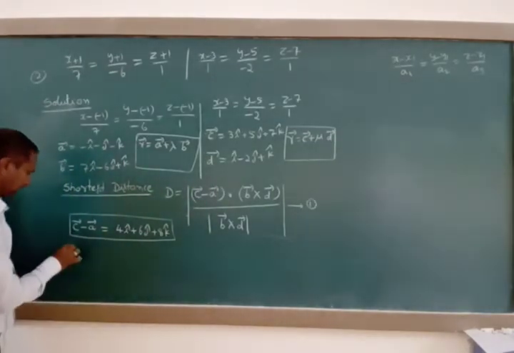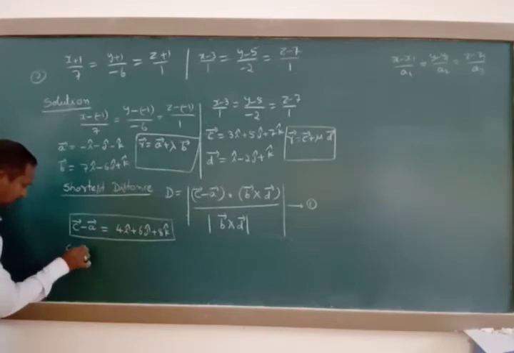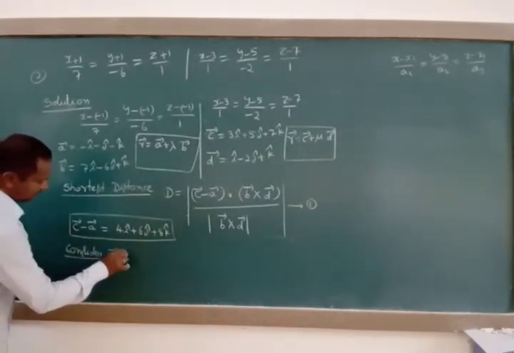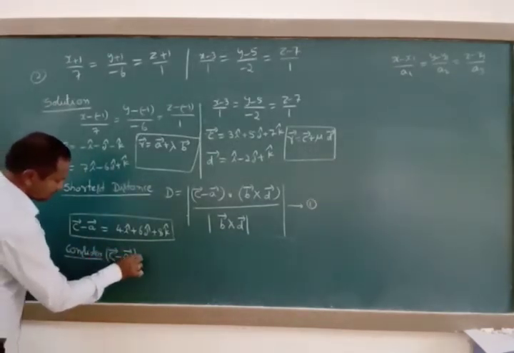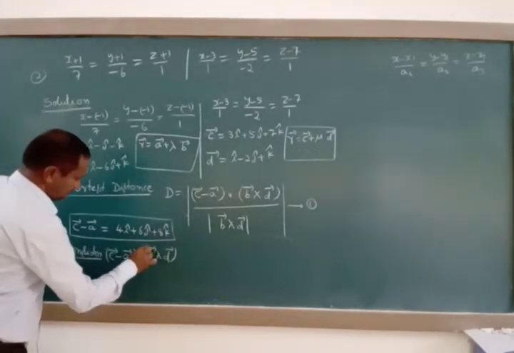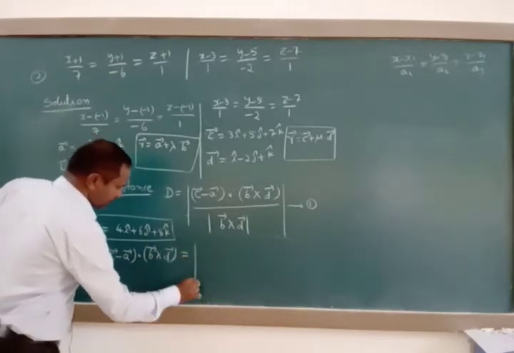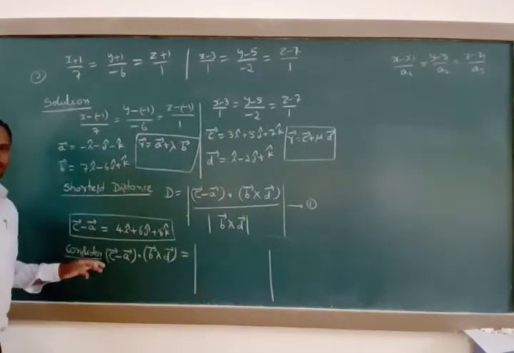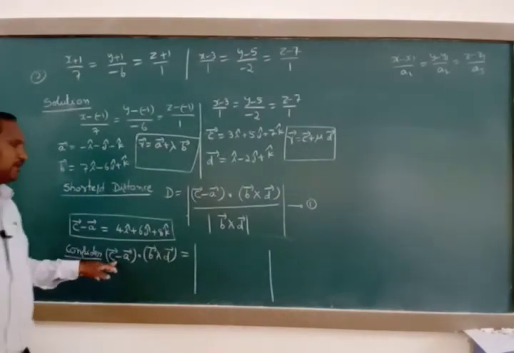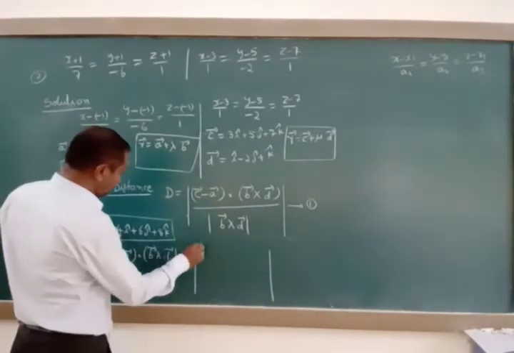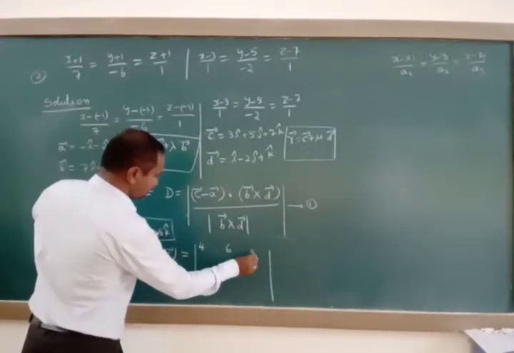Now we consider c vector minus a vector dot b vector cross d vector, which is equal to the determinant. First, for c vector minus a vector, you collect the coefficients of i, j, k from this vector: 4, 6, 8.